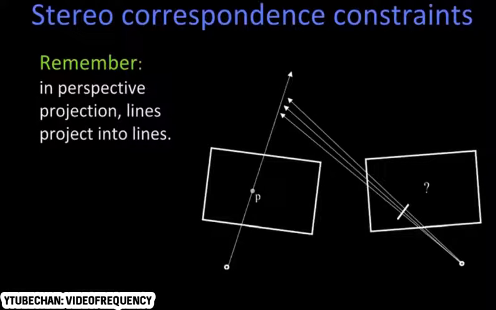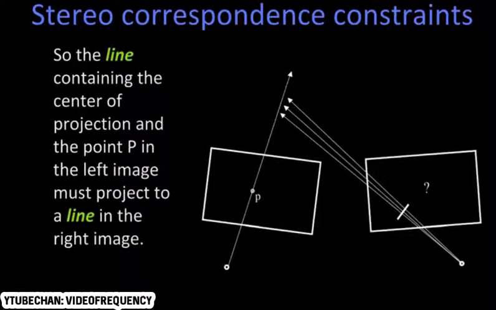Now remember, in perspective projection, one of the things we said was that lines project into lines. So the line containing the center of projection and the ray that goes through that point, that's a real line in space. That line must project into a line in the right image. So that's the constraint we're going to talk more about.